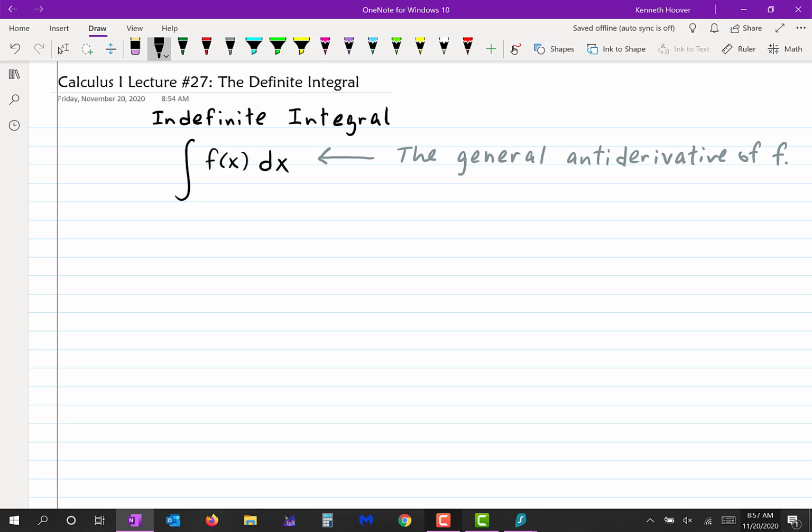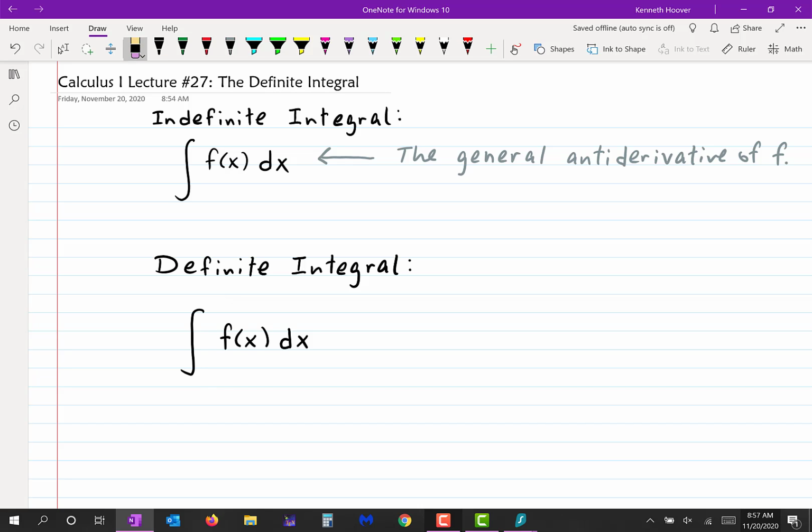Today, we're going to do something called a definite integral. Here's what it looks like. Very similar to an indefinite integral, with one small visual difference. There will be numbers here and here.